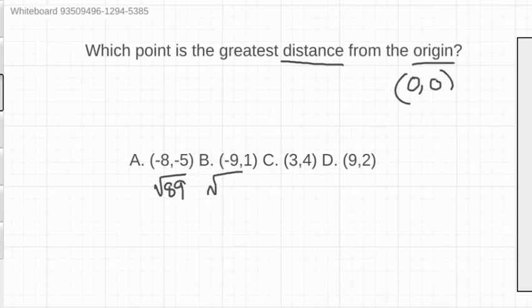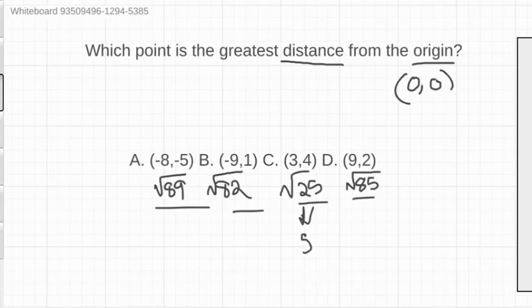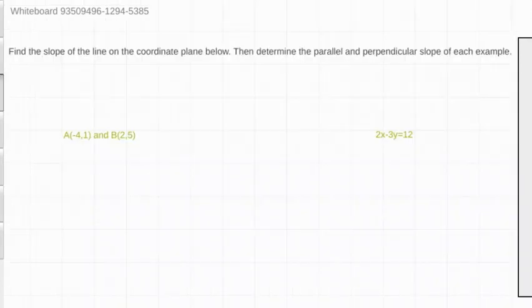For B, the square root of 82. For C, the square root of 25, which is just 5. And for D, the square root of 85. Now, out of all of these values, we see that A is the biggest, so that is the greatest distance. Alright, do this and then come back when you have your answer.